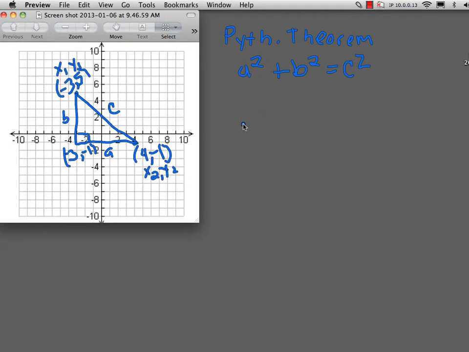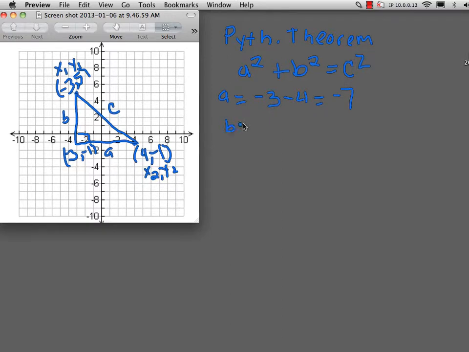Notice the length of A is just our x values. So A would simply be equal to -3 minus 4, which gives us -7.